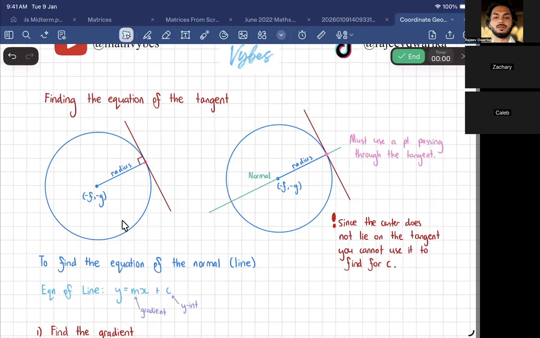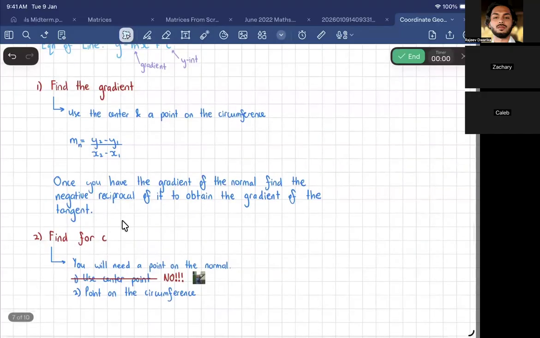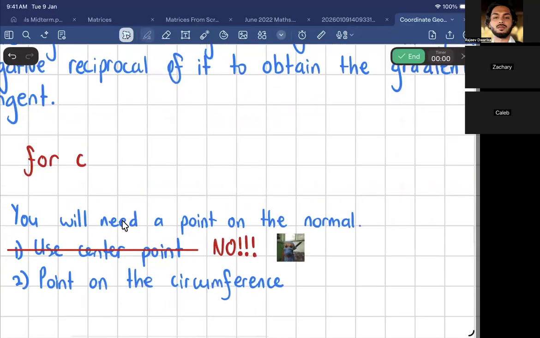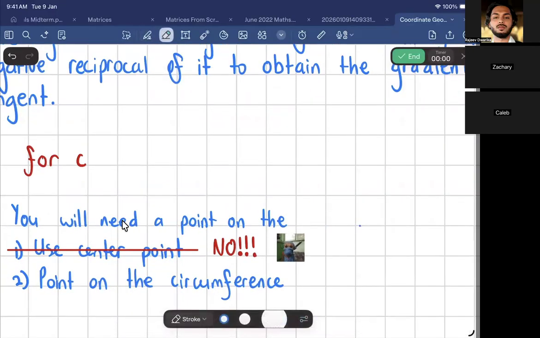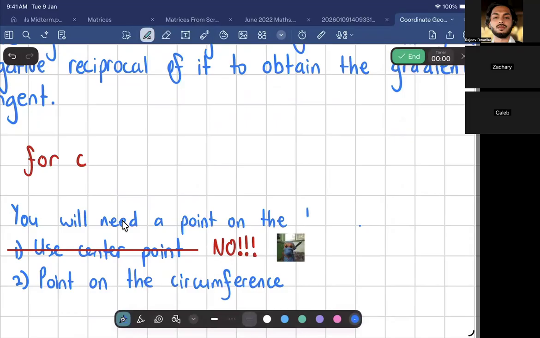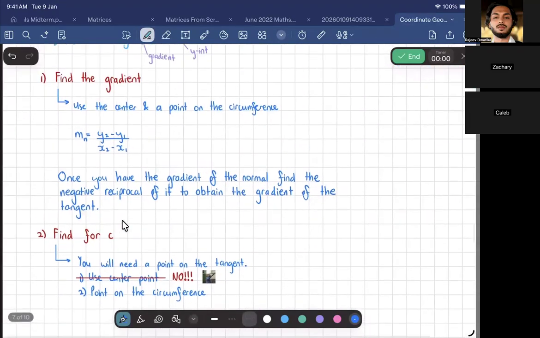That gives you the gradient of the tangent. That completes part 1. Part 2, now you need to find for c. So you will have a gradient, and to find for c, you're going to pick a point that lies on the tangent. Do you understand your procedure?